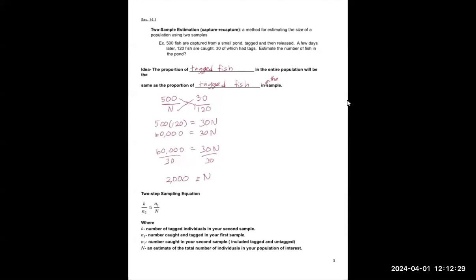And that is just amazing to me, that all we had to do was take two samples, and now we have a really good estimate for the total number of fish in that pond. I mean, that is way better than actually trying to literally line up all those fish that are in that pond.